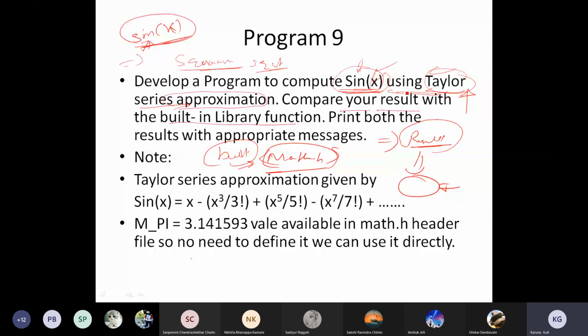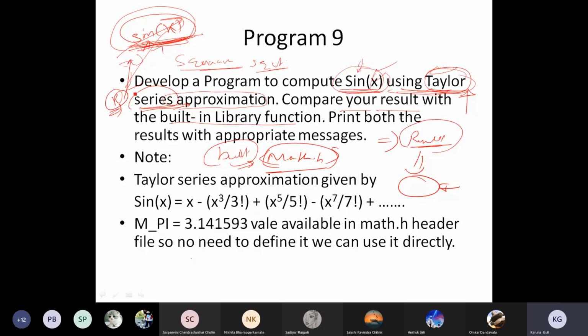So first you are supposed to find your result using a Taylor series, and whatever result you get has to be compared with the calculation done by the built-in function sin x. So you have to apply both: one built-in function, and one Taylor series to find the sin x. These two results will be compared.